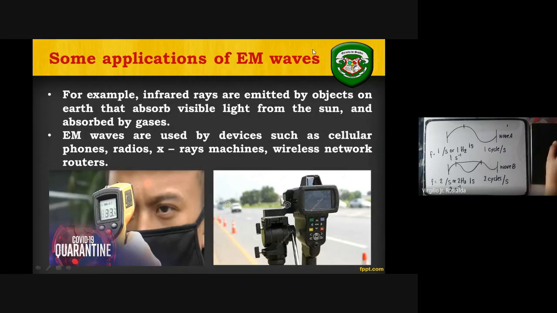So, some applications of EM waves, for example, minsan infrared rays are emitted by objects on Earth that absorb visible light from the sun and absorbed by gases. So technically, all of us, that's why yung sa thermal scanner, di ba sa mga airport, pag dumadaan tayo sa mga bag, they use infrared rays. Okay?